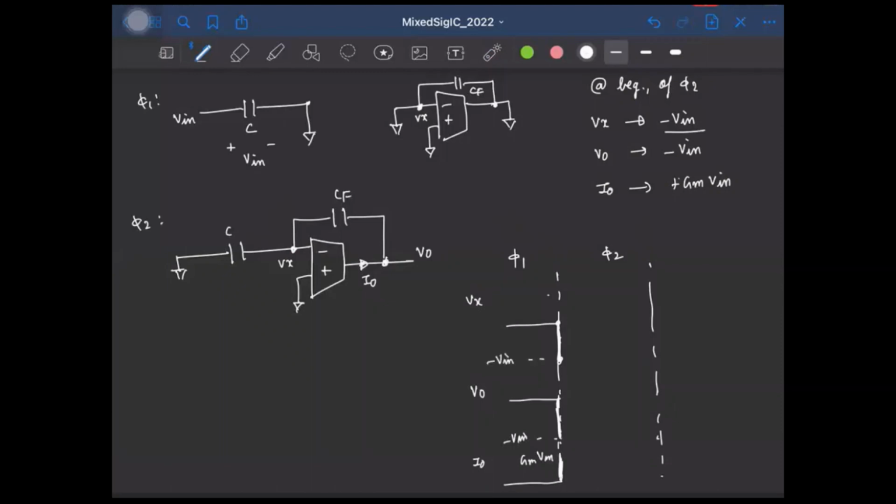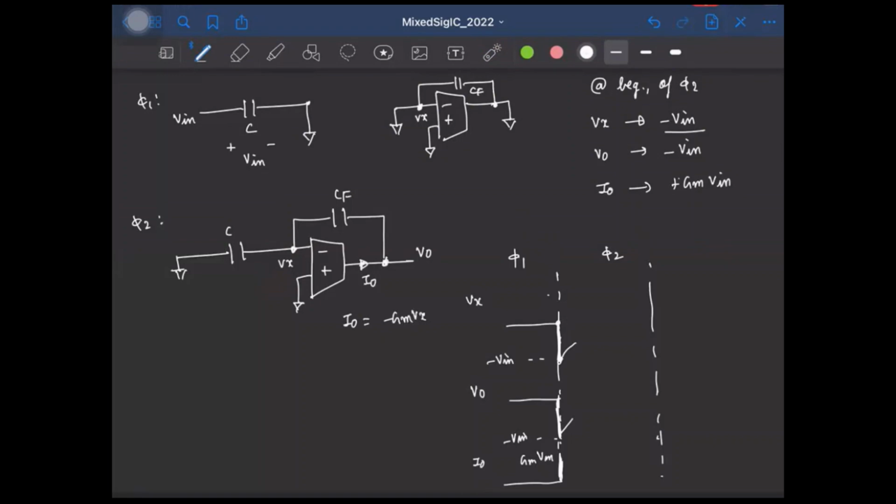Okay, so the moment the current starts to flow out of Gm, this current will start to charge these capacitors. So which means the voltage across these two capacitors will increase, right? So Vx will start increasing. Similarly, V0 will also start to increase, right? And once Vx starts to increase, the current I0, which is simply minus Gm times Vx, will start to reduce, right?